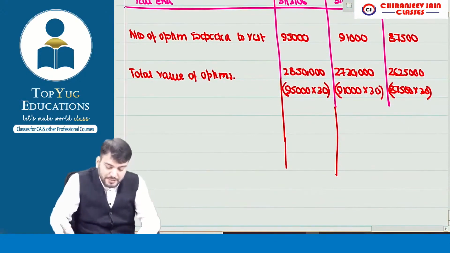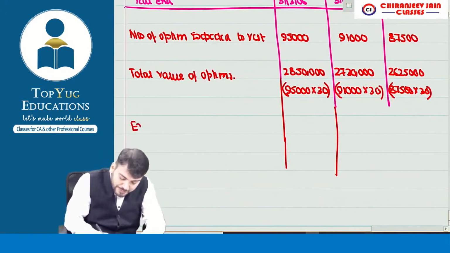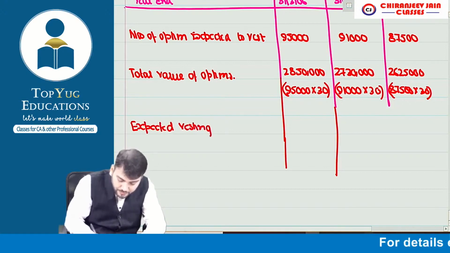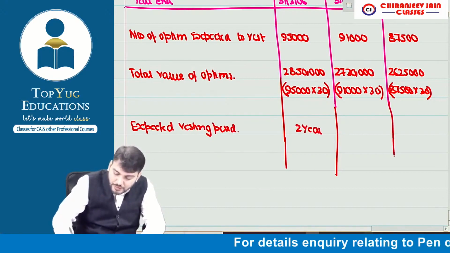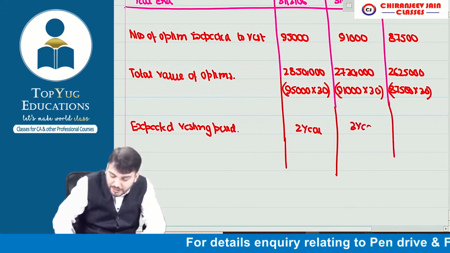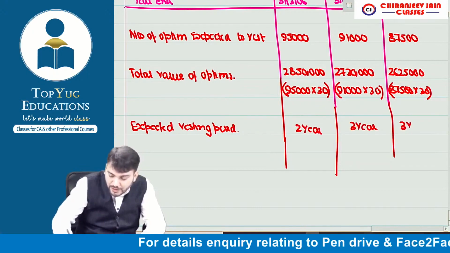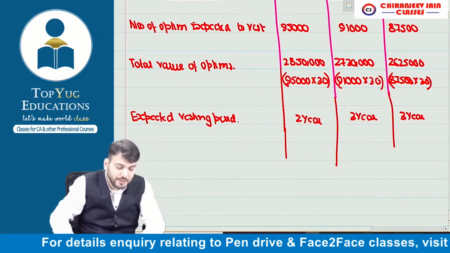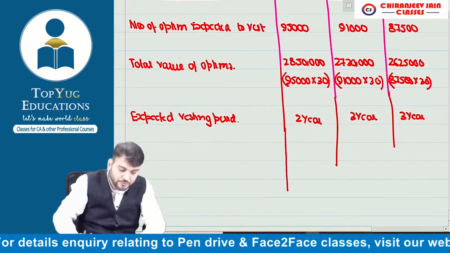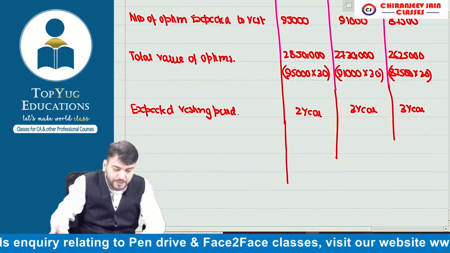Then we write down expected vesting period. So for first year it is 2 years, for second year it is 3 years, and for third year it is actually 3 years. Correct? Understood this point?